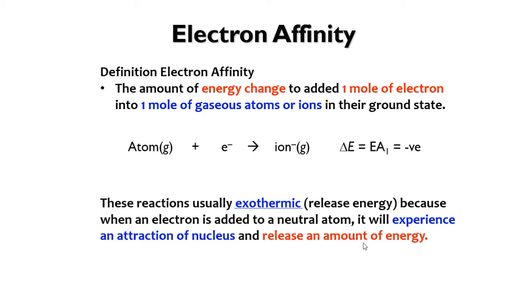That's why it releases an amount of energy. So the definition says amount of energy change, for safety, because it is not 100% negative. Later you will see why. It is the energy change when 1 mole of electrons is added into 1 mole of gaseous atoms or ions in their ground state and then produces an ion, because once you add an electron, automatically you have charge negative 1.